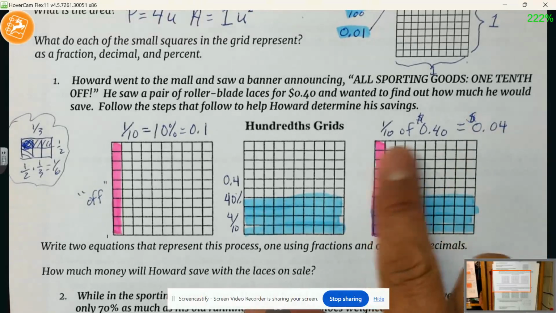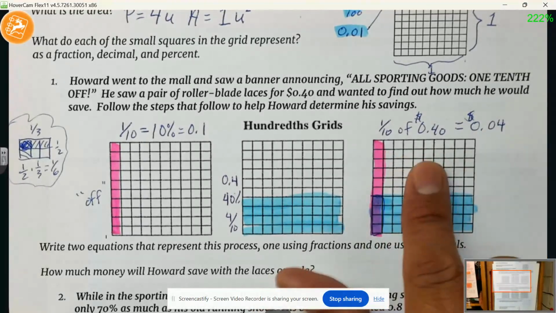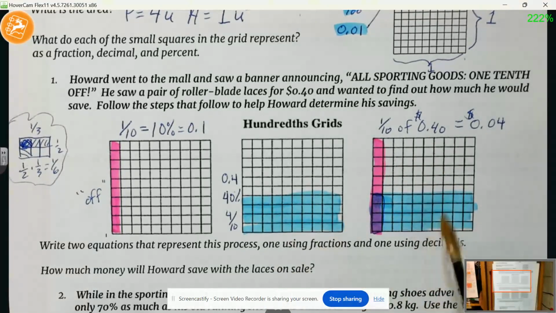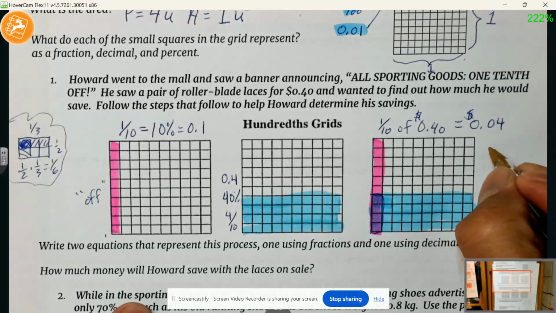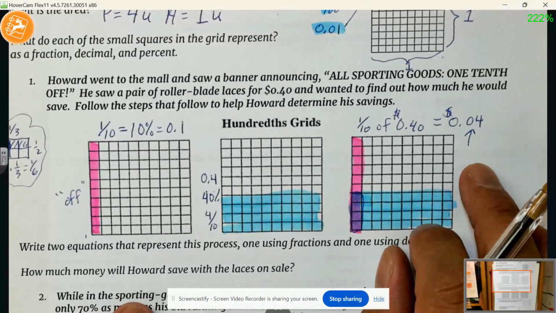Right? Because if this whole unit square represents $1, right? This is 40 cents, which is 40% of $1. This whole thing is $1, so those 4 right there represents 4 cents, because we have 100 cents here that would represent the dollar. Now, is that 4 cents going to be what Howard saved or what Howard spent?